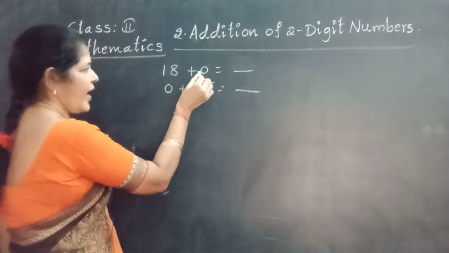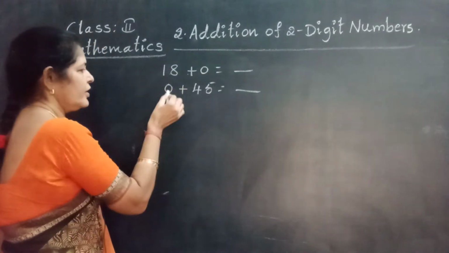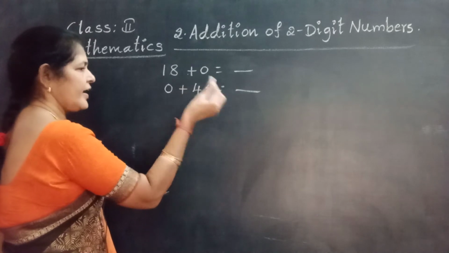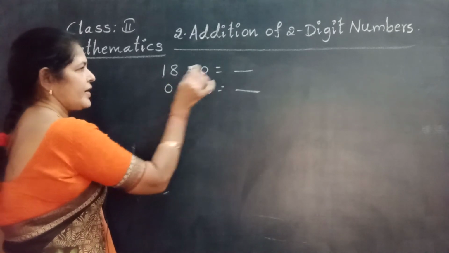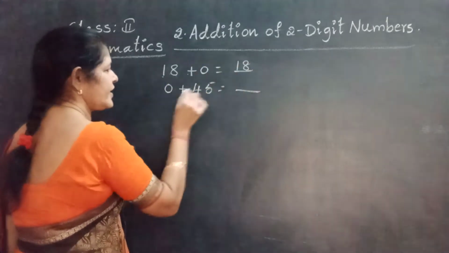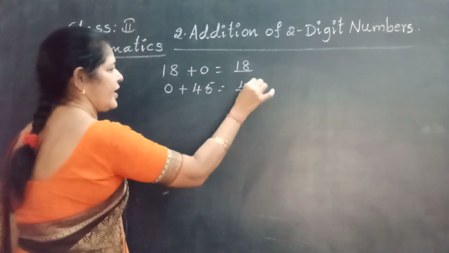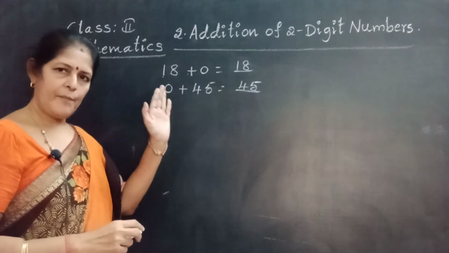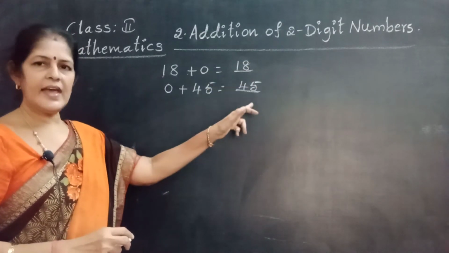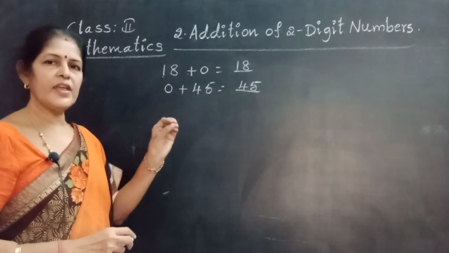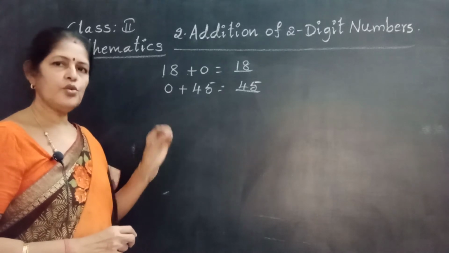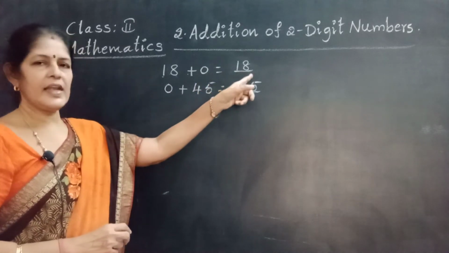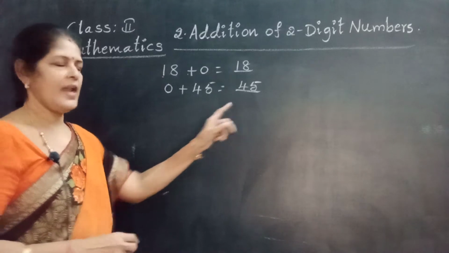Here we add a number to 0. We get the same number. Okay, understood? If we add 0 to a number, the total is the number itself.